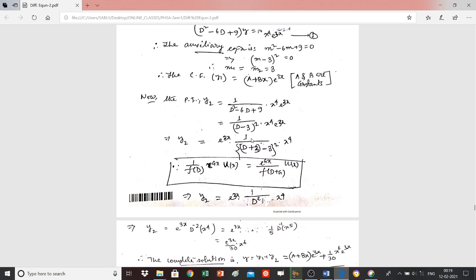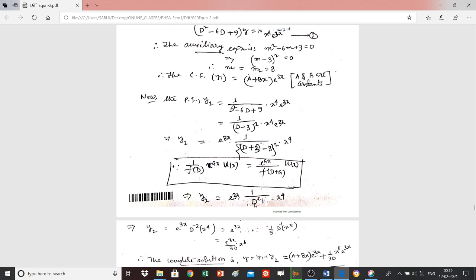That means in this case D should be replaced by D plus 3. So e to the 3x is there, 1 by D plus 3 minus 3 whole square into x to the 4.